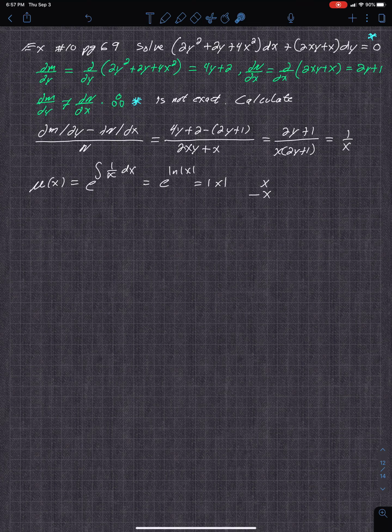Now, if you multiply by negative x here, you could easily clear out that negative just by multiplying by negative 1. So it doesn't matter. There's no loss of generality by multiplying by x or negative x on both sides of the equation. Okay, so think about it. It doesn't matter which one we use. So we're just going to use x.